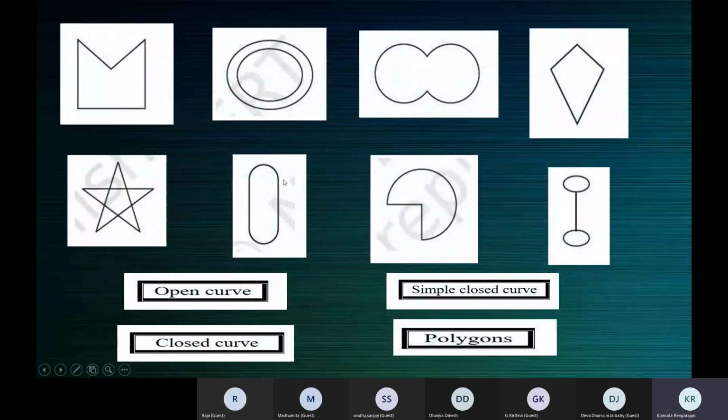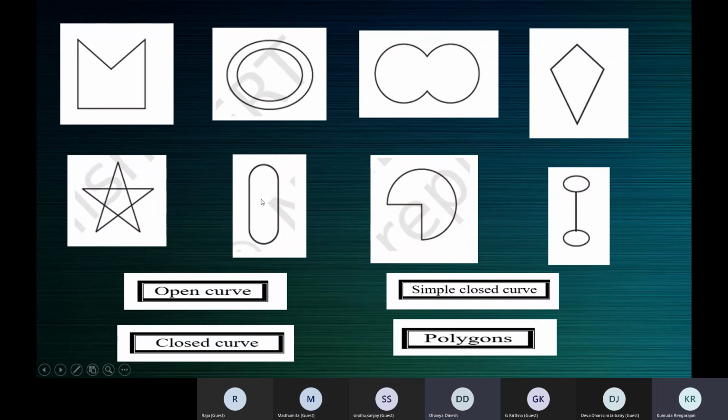Yeah, now tell me about this one. Is it a curve? It is a curve, ma'am. Open or closed? Closed curve, ma'am. If it is closed, is it a simple closed curve? Simple closed curve, ma'am. Is it made up of line segments? No, ma'am.